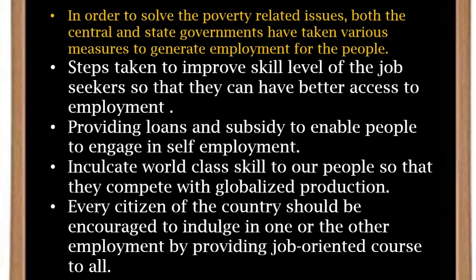So in order to solve the problem of poverty and related issues, both the central and state governments have taken a number of measures to generate employment for the people so that the problem of unemployment is somewhat reduced. These are the steps that the governments have initiated in order to overcome the problem of unemployment and the problem of poverty as a result.